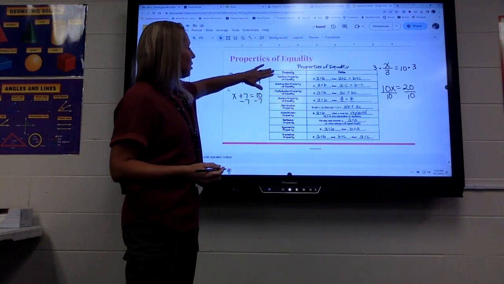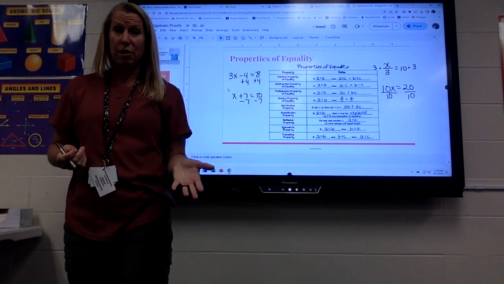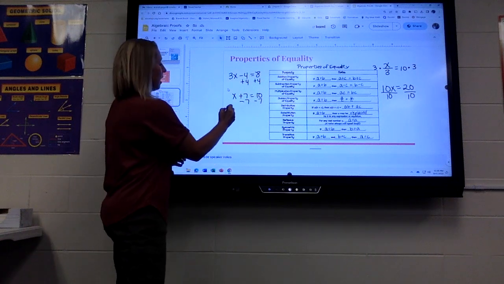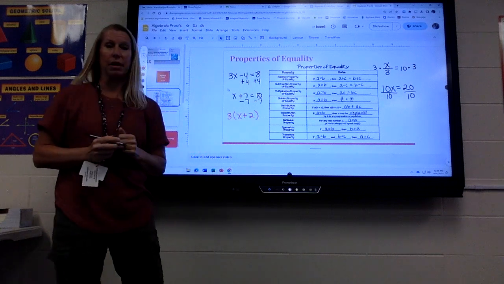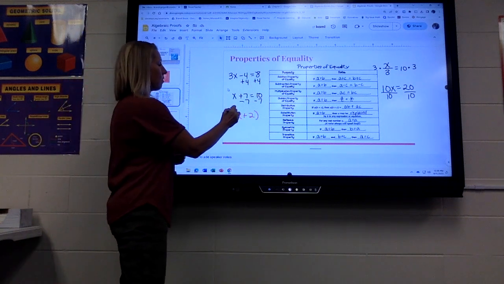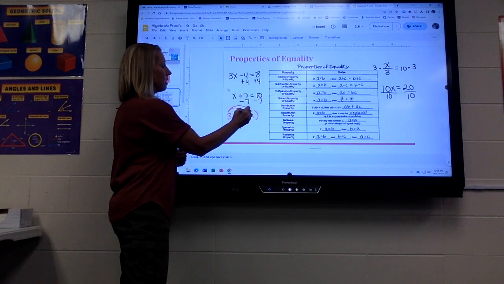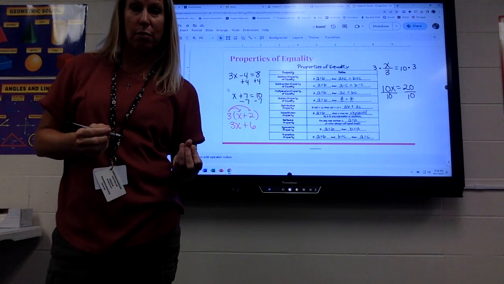So you pretty much know addition, subtraction, multiplication, division. Distributive property, I don't know if you remember that from algebra, but if I had 3 times x plus 2 in parentheses, I take the 3 times the x and get 3x, and 3 times the 2 and get 6. That would be the distributive property.